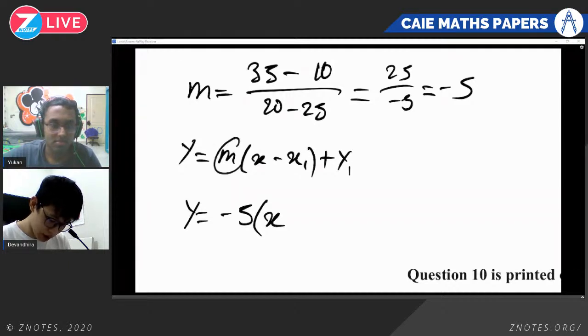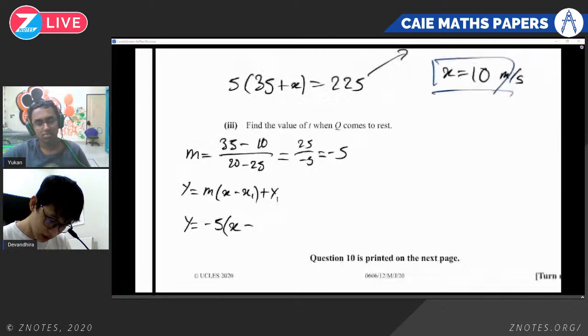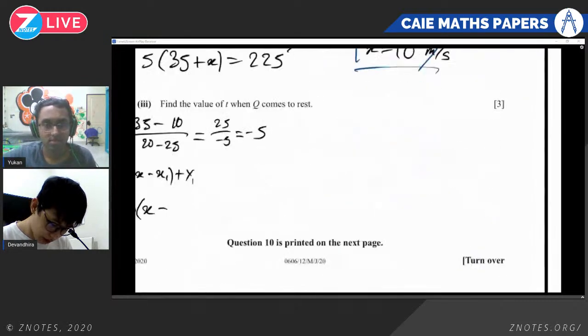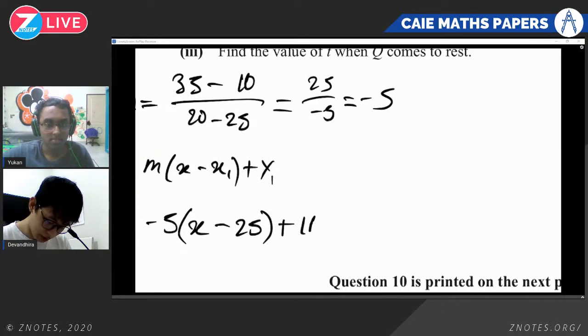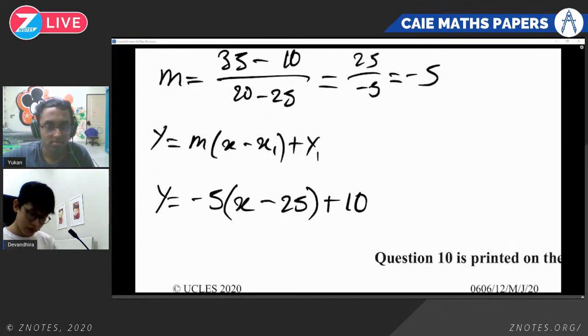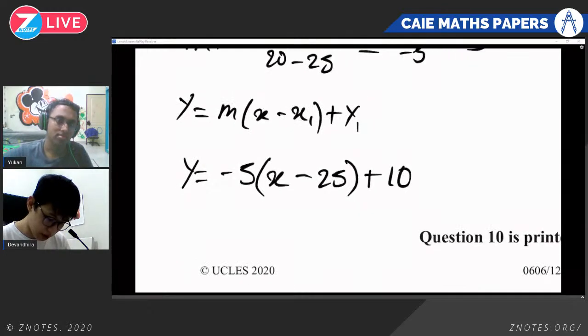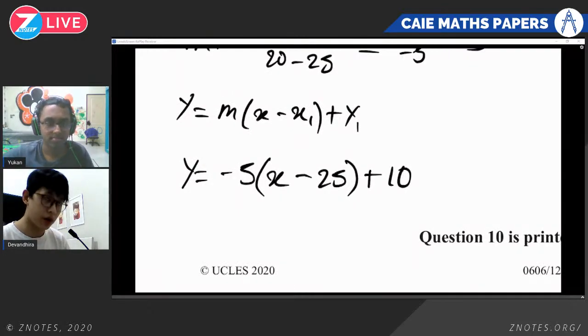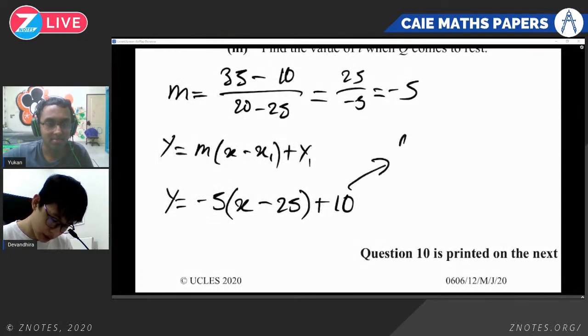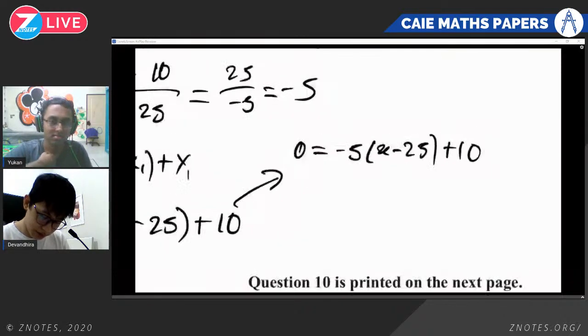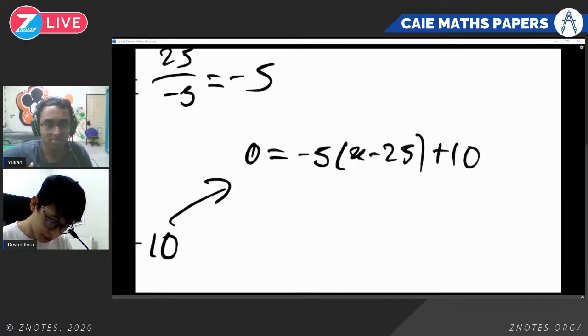Okay, so the gradient is negative 5, and right here we have 25. You can also use the other coordinate, but I prefer using this one. We just have to solve for when y is equal to 0, correct? Yeah, that's correct. So we have 0 is equal to negative 5 times (x minus 25) plus 10. I'll put this to the other side first.